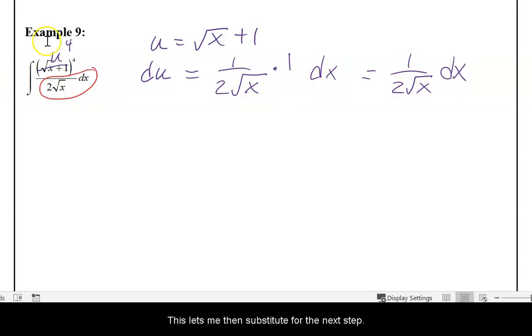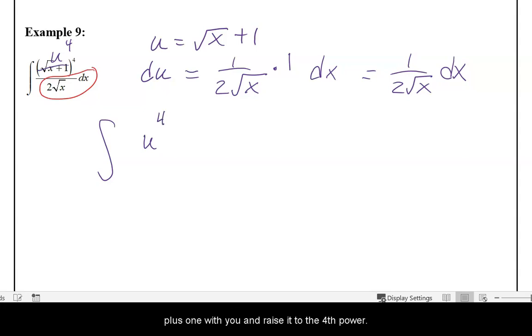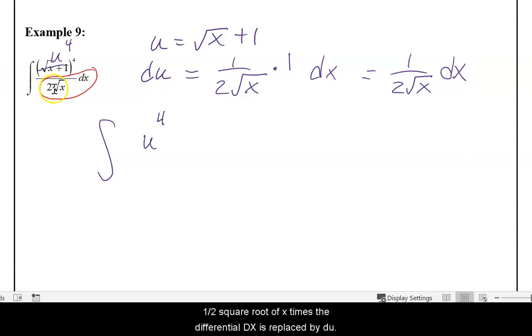This lets me then substitute for the next step. I'm going to replace the square root of x plus 1 with u and raise it to the 4th power. The 1 over 2 square root of x times the differential dx is replaced by du.